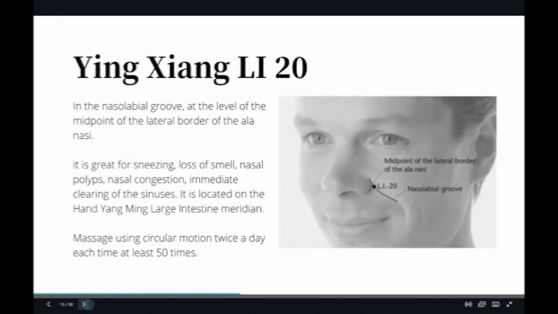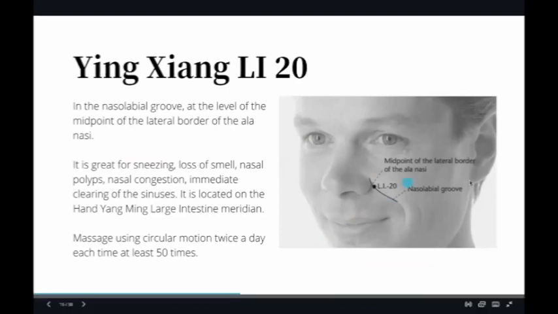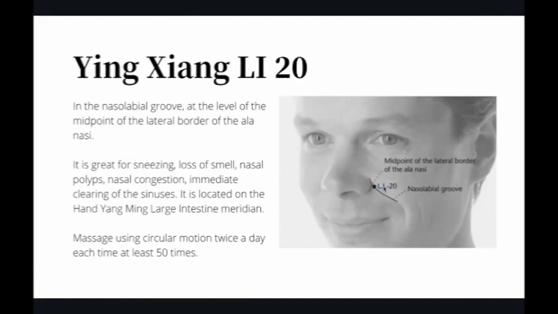So let's go to the first point, which is Yang Sheng. This is located, if you look at the screen, at the nasolabial groove, just at the level of the LNS. LNS is just this area, and when you use your middle finger, this is funny looking, but it works really well.